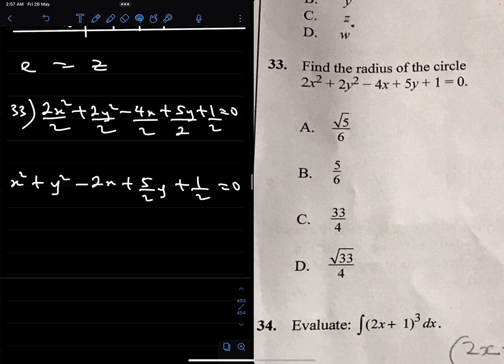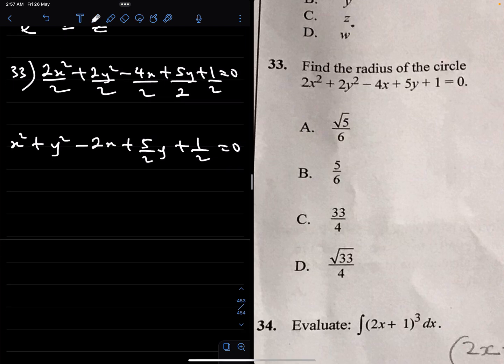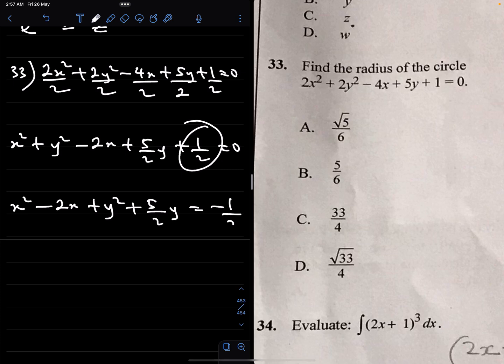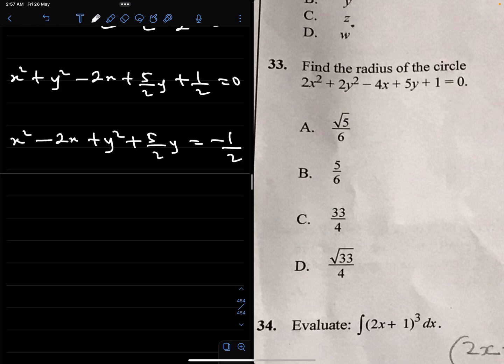So that's it. Now what do we do? We're using the idea of completing the square to find the radius. So what does this mean? This simply means x squared minus 2x plus y squared plus 5 over 2y equals, I'm taking 1 over 2 to the right hand side, and it becomes minus 1 over 2.